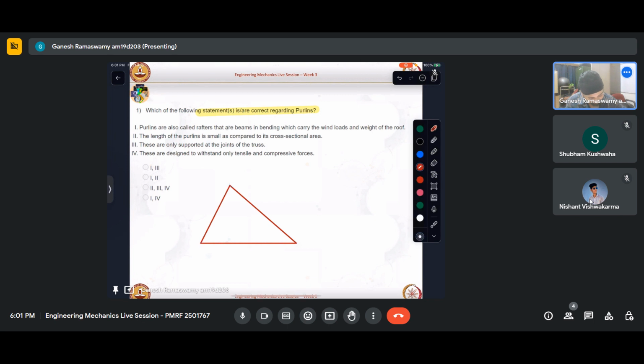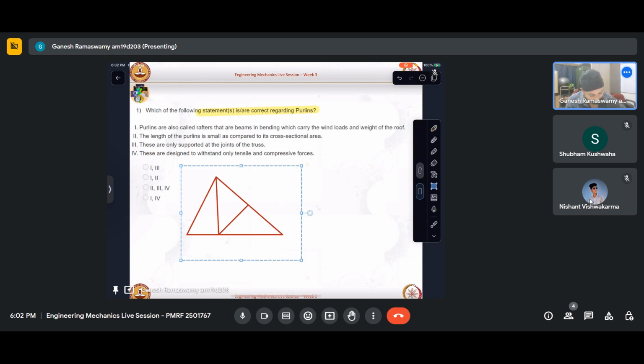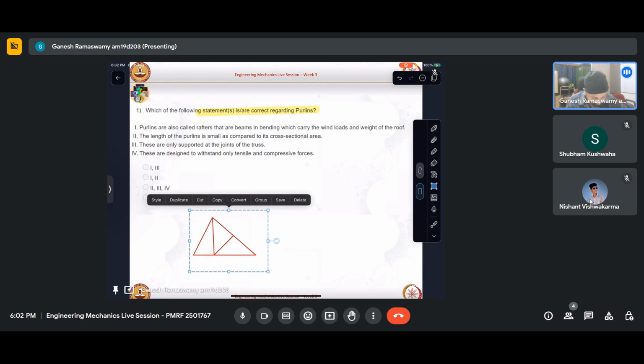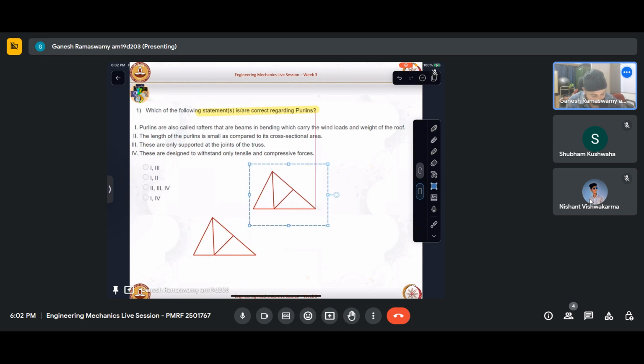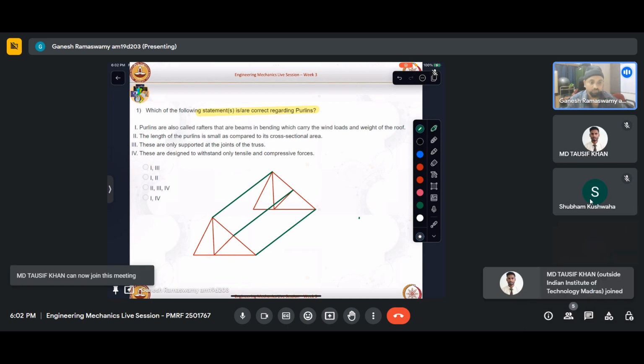and let this be a truss, and then I have this arrangement, for example. So in actual roofs, essentially we'll be having structures like these, and then we will be having members which connect them like that, over which we will have some sort of an arrangement.